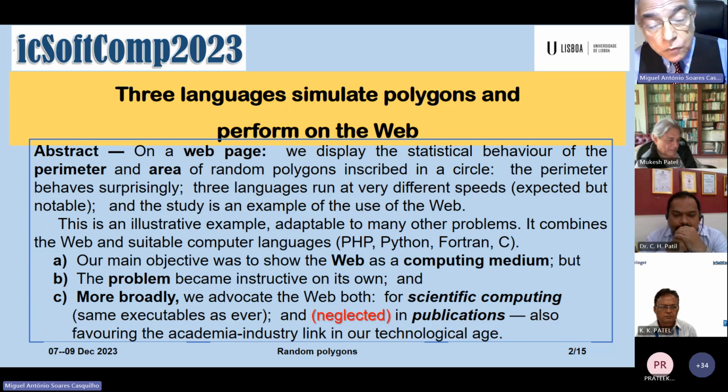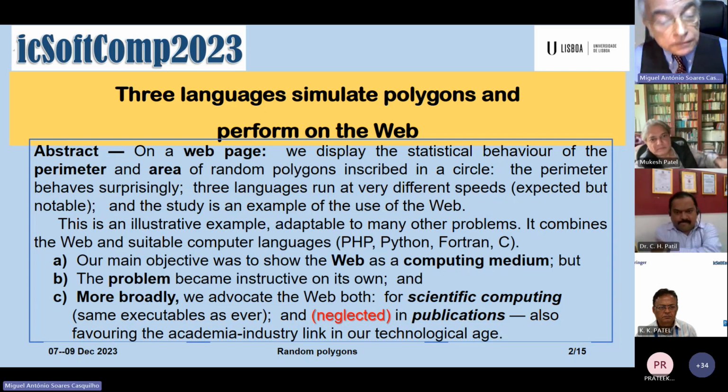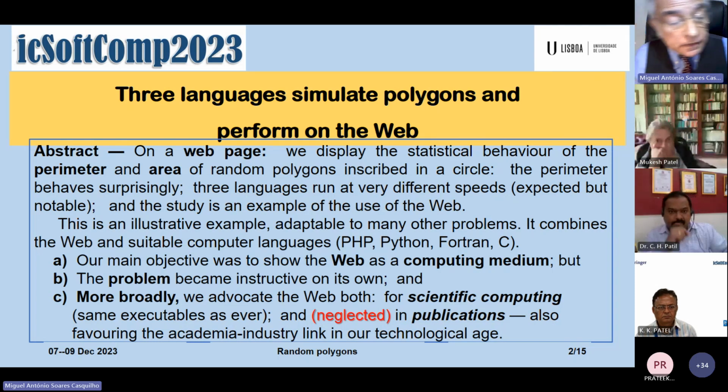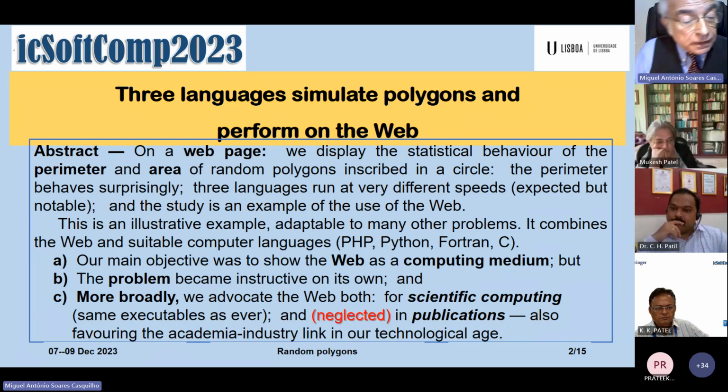Our main objective was to show the web as a computing medium, but the problem got its own life and became instructive on its own. More broadly, we advocate the web both for scientific computing, because the executables are practically the same, and, which we think is neglected, for publications, favoring the academia-industry link in our technological age.